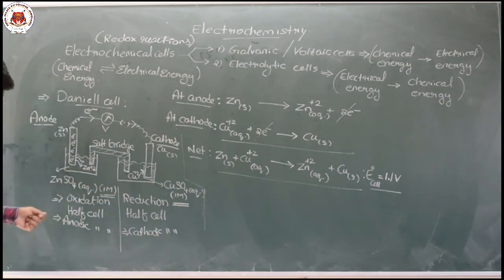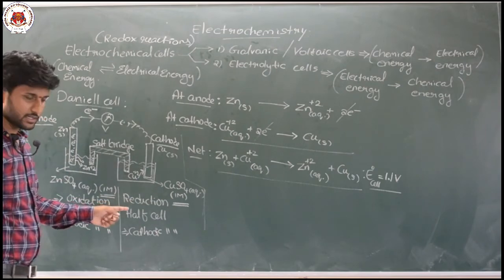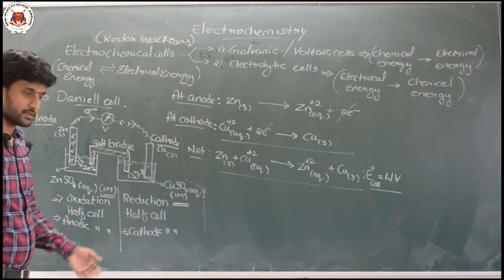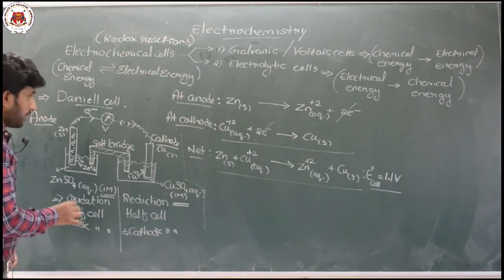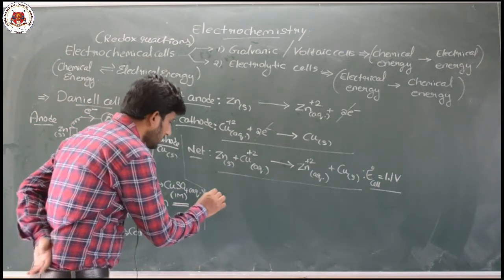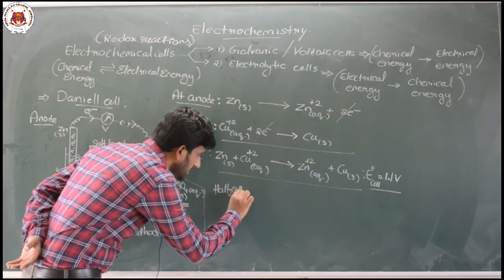Why? Because at anode oxidation is taking place, so anodic half cell. At cathode reduction is happening, so it is the cathodic half cell. Half cells are sometimes also referred to as redox couples.